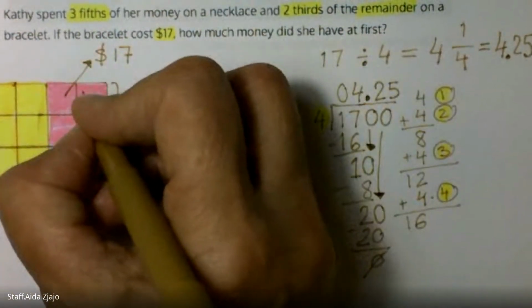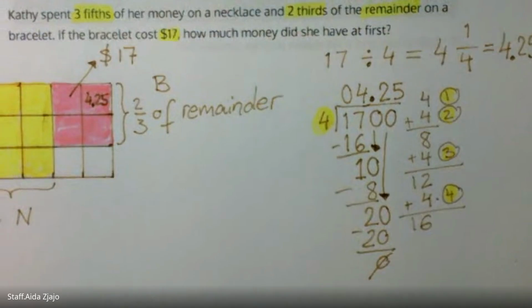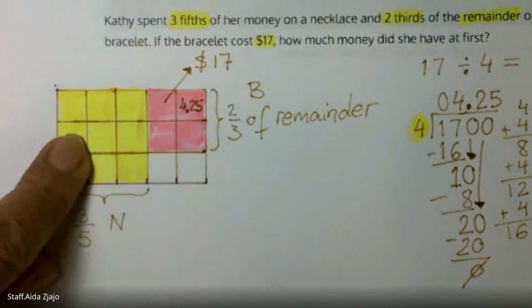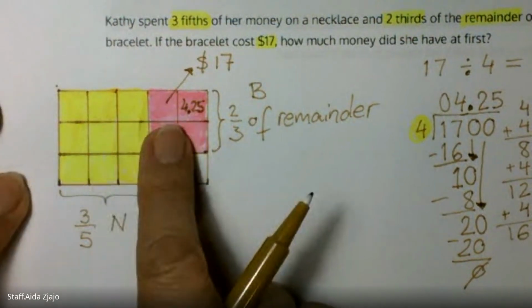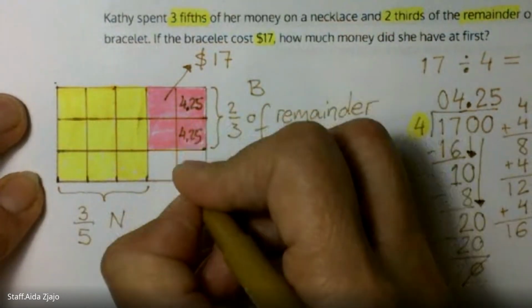So 4.25 is one, but I really do have 15 of them. 3 times 5 is 15. So each of these would be 4.25.